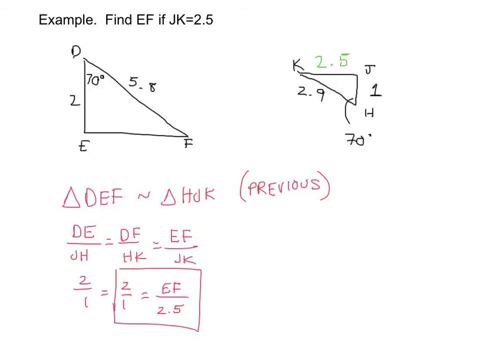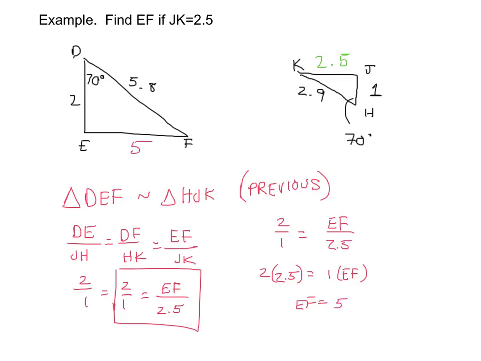Now you're just solving a proportion. You have 2 over 1 is equal to EF over 2.5. Here we just cross multiply. 2 times 2.5 is equal to 1 times EF, or in other words, EF is equal to 5.